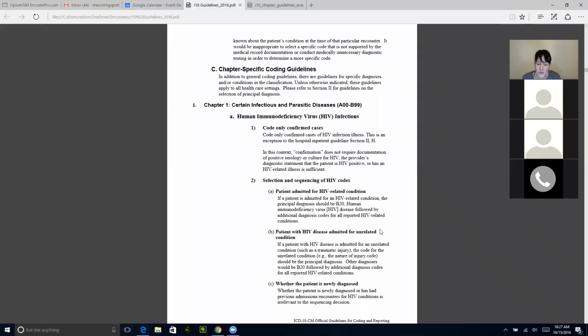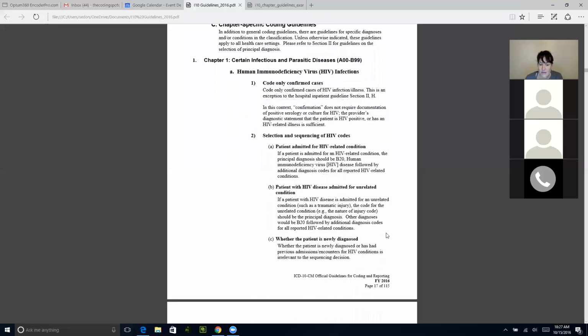So if a patient with HIV disease is admitted for an unrelated condition, such as a traumatic injury, like you break your elbow or you break your leg, the code for the unrelated condition should be the principal diagnosis. So you see that's opposite of what we just learned.